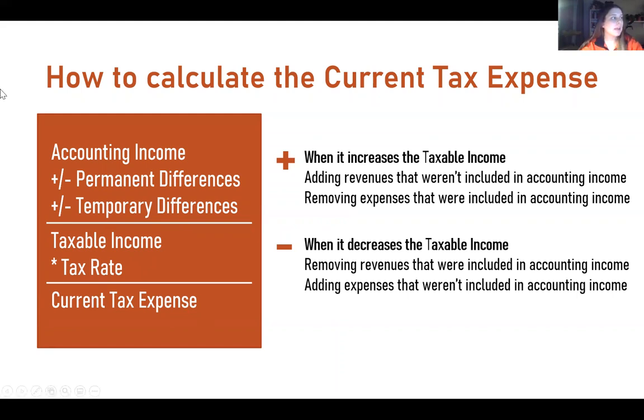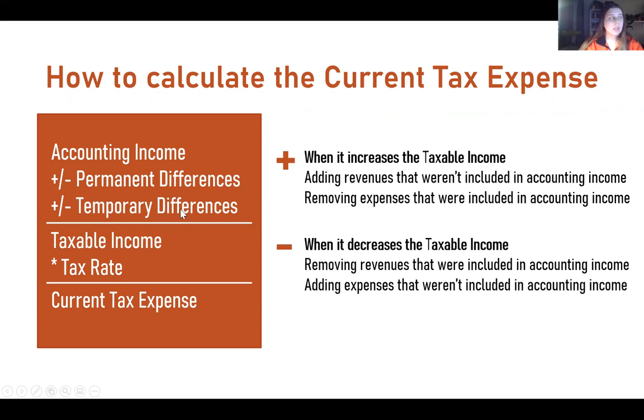For your permanent and temporary differences, how do you know when to increase or when to decrease? You add it as a positive when it increases the taxable income. So you're adding revenues that weren't included in your accounting income, or you're removing expenses that were included in your accounting income.